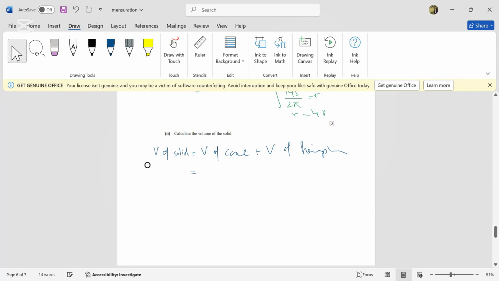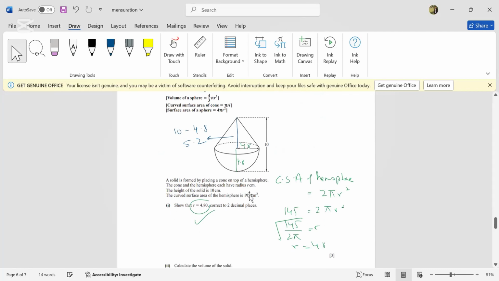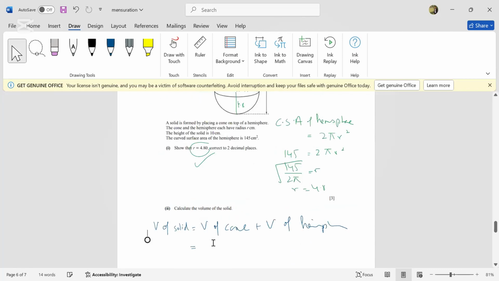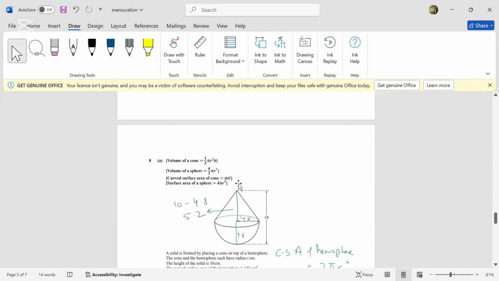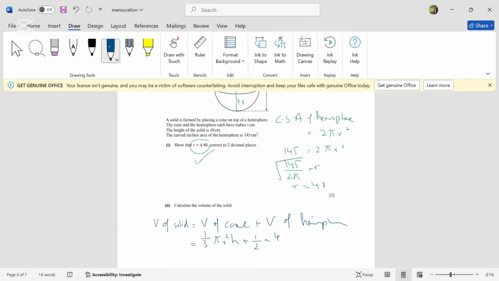Let's insert in. Volume of cone is 1 upon 3 pi r square h. Now, in the formula, we are given the volume of a sphere. So for the hemisphere, we are going to take half of it. Volume of sphere is 4 upon 3 pi r cube, multiplied by half.